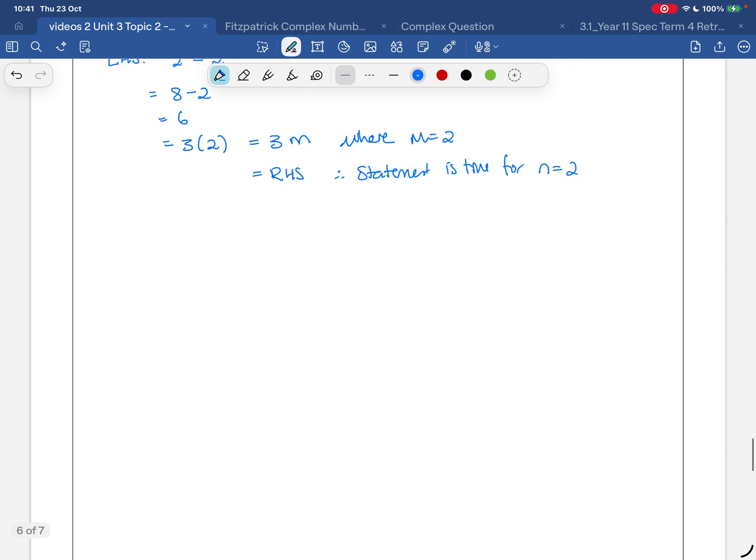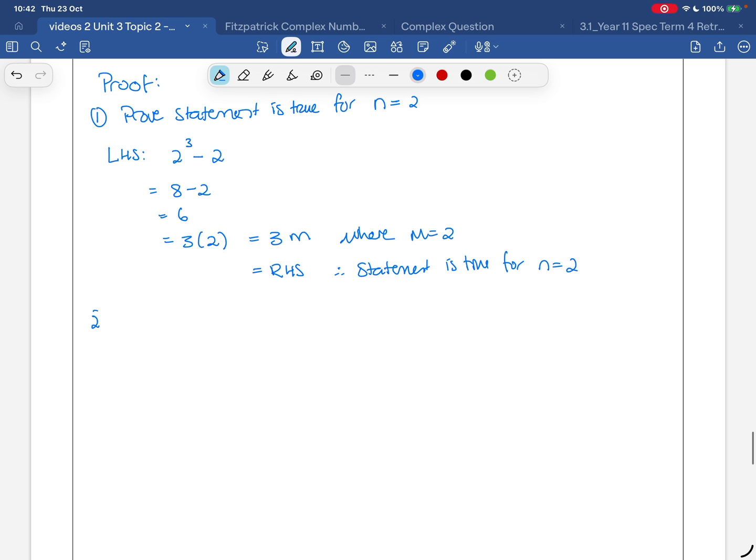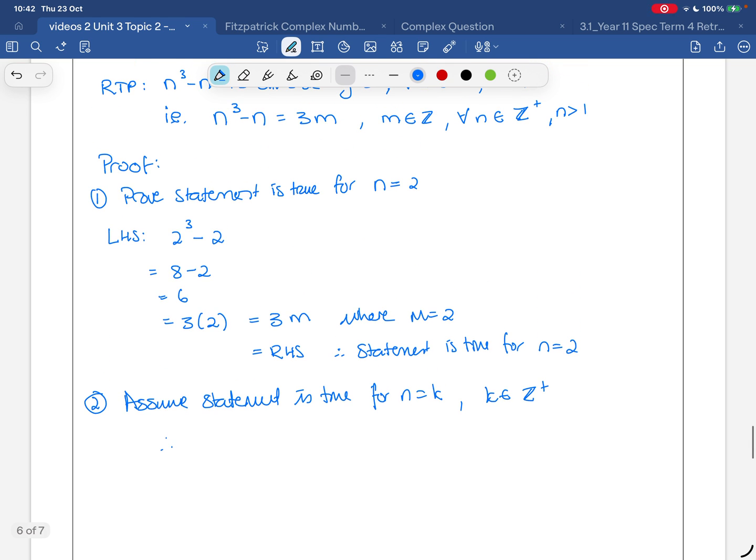All right, my second step in my inductive process is creating my inductive hypothesis, and that means that I'm assuming that my statement is true for n equals k, where k is a positive integer. So all I'm saying is instead of n, I'm putting a k in.